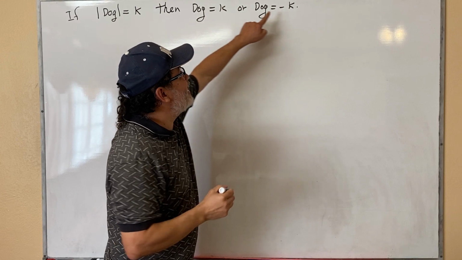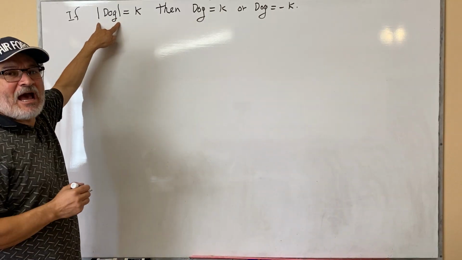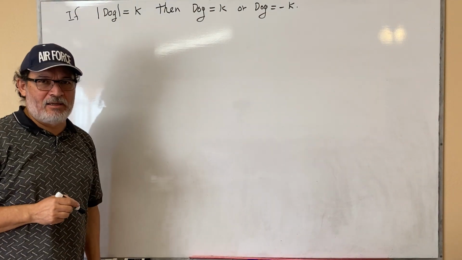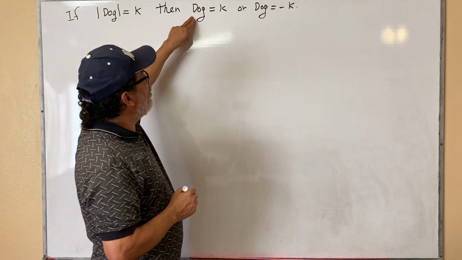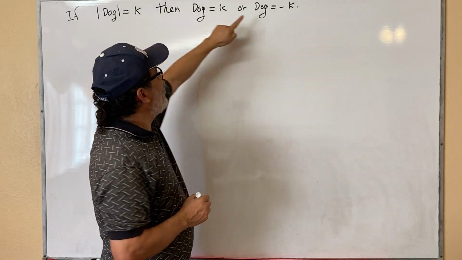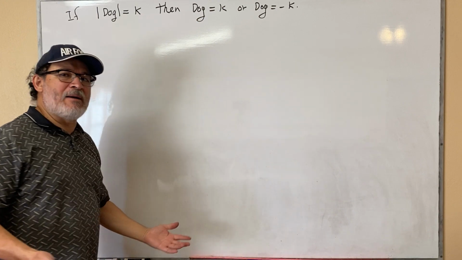You must say this to bring this dog out from inside the absolute value house. You must say that. Okay? Don't forget. The dog equals the same k, the positive k, and the dog equals the negative k. What's an example? Here's an example.